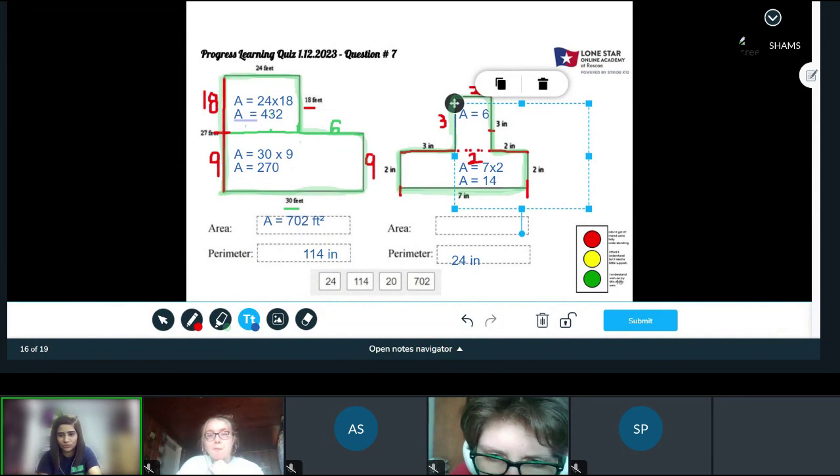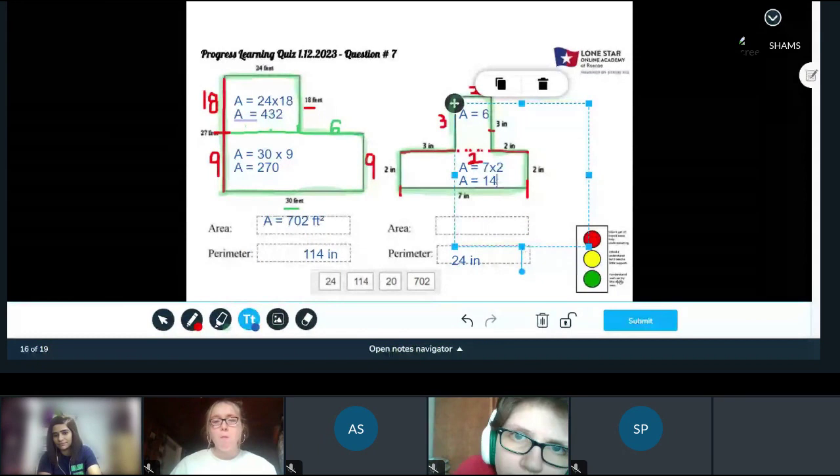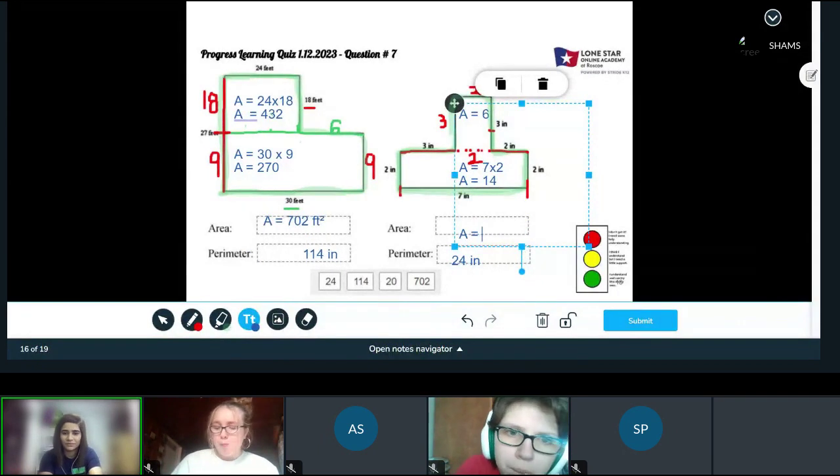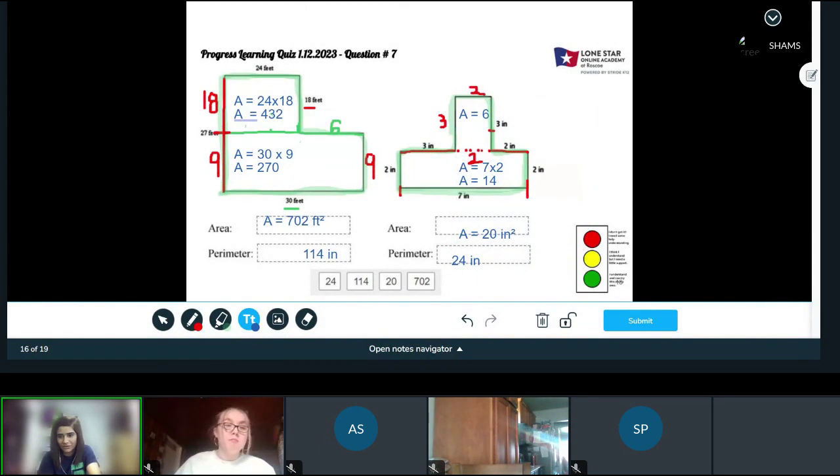You combine the two, 14 plus 6, you get an area that is 20. A equals 20, and the units are squared inches. Let me know if somebody is having a little hard time understanding where I got the numbers from for the areas, and we can definitely guide you. So these were the appropriate answers for this question 7.